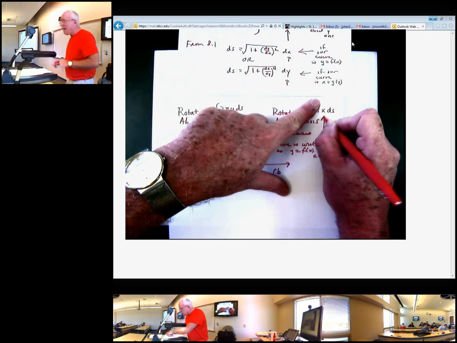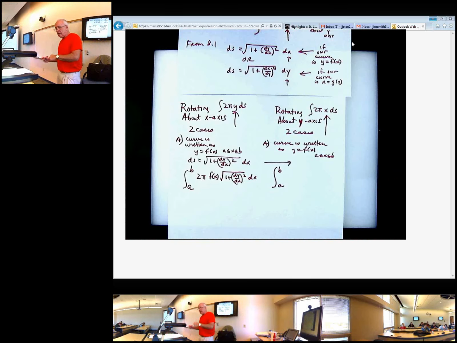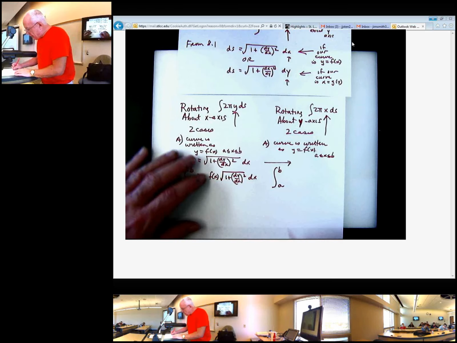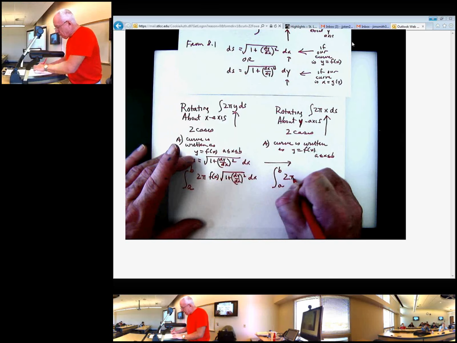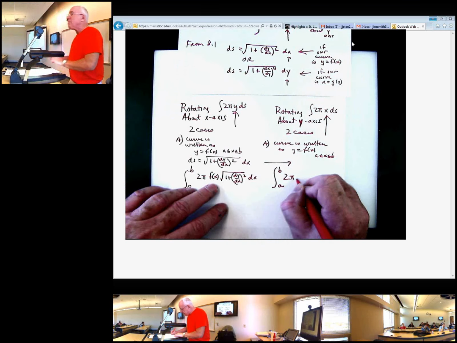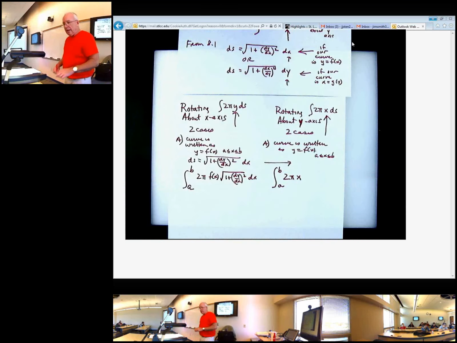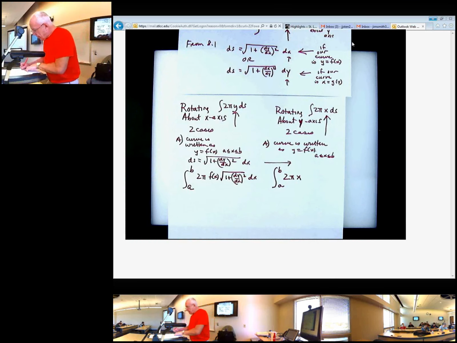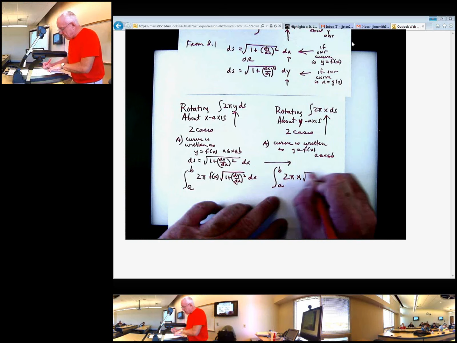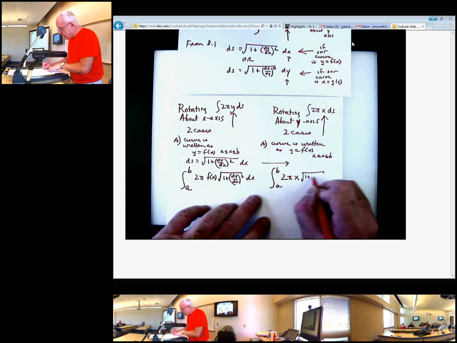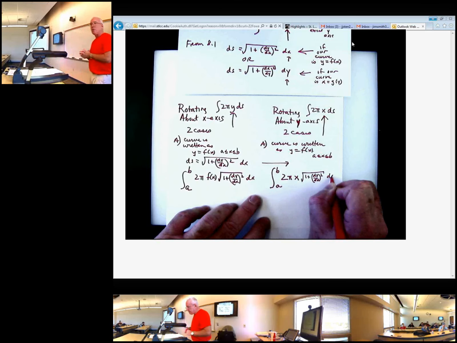It's 2 pi x ds if we're going around the y-axis. So now this would be 2 pi. I wouldn't write f of x. I just write my plain old x. And that's what I have here in the handout. Keep it as plain x. And then I have my square root of 1 plus dy dx squared, dx. That's my ds formula.